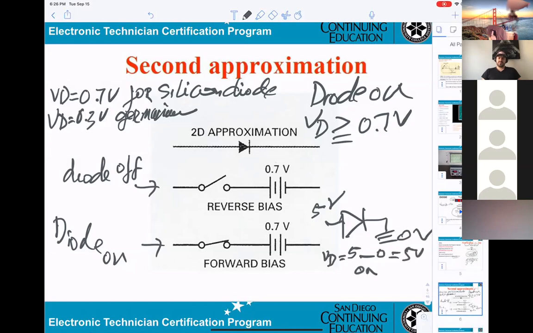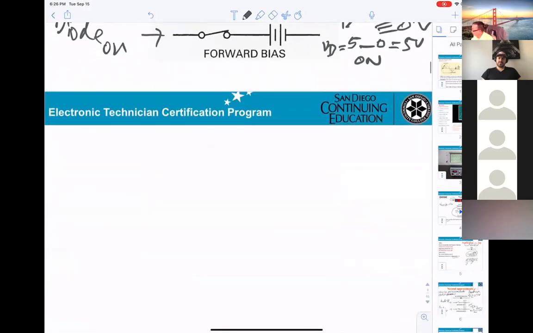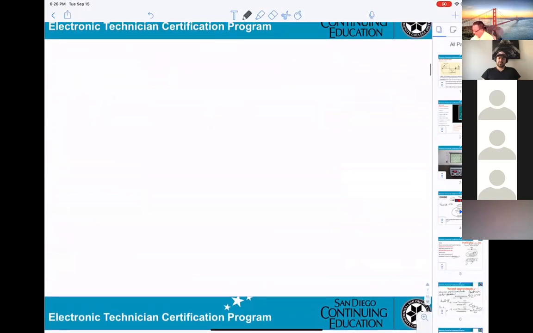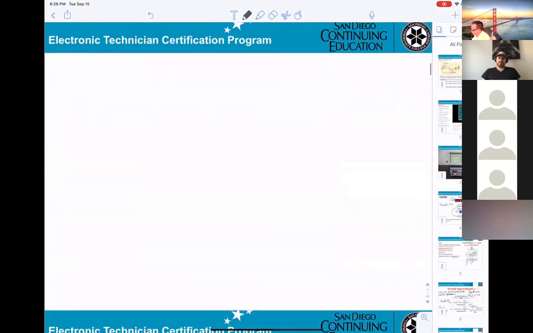That's why they say on. It must be greater than or equal to 0.7 volt for silicon. For germanium, it's 0.3 volt. Okay? If you don't know whether they're on or off, you cannot solve the problem. Okay, now I need you to do an exercise with me.